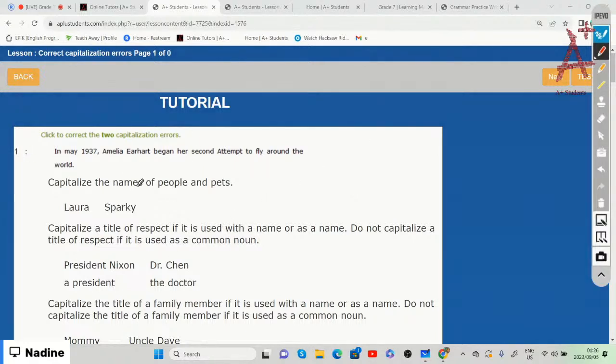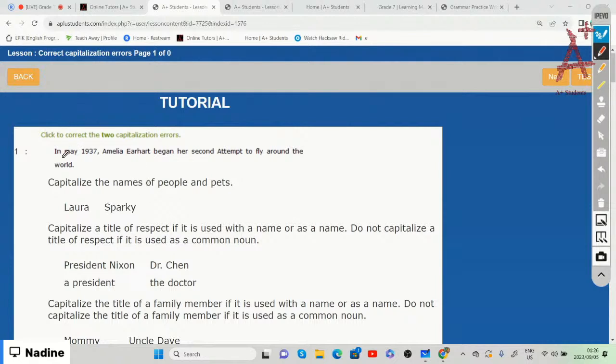So within the sentence, it says, in May 1937, Amelia Earhart began her second Attempt to fly around the world. So we need to correct the two capitalization errors within the sentence, right?